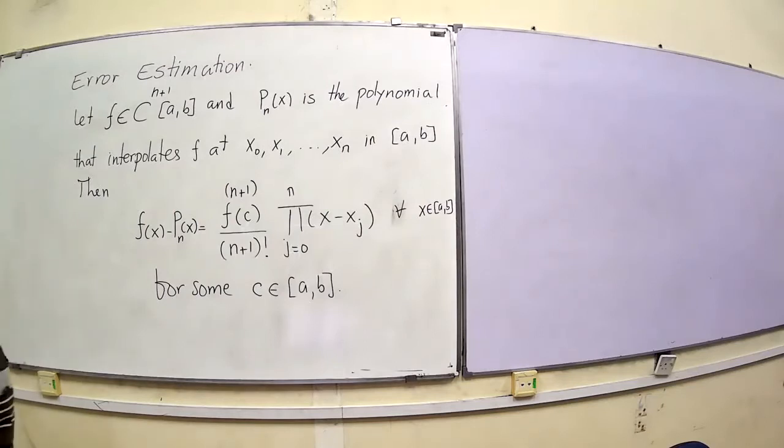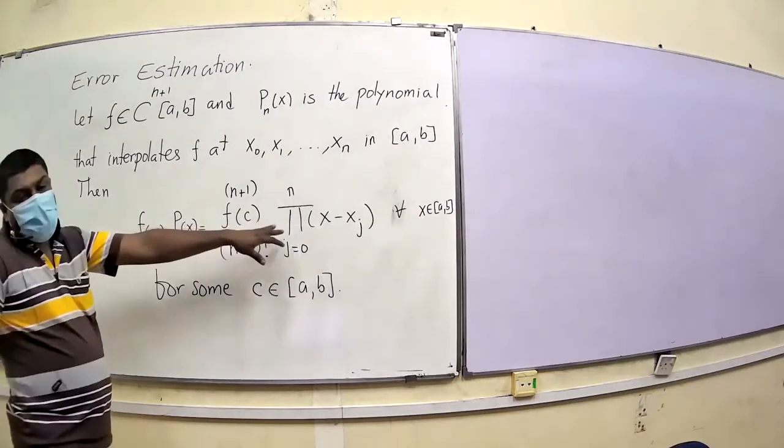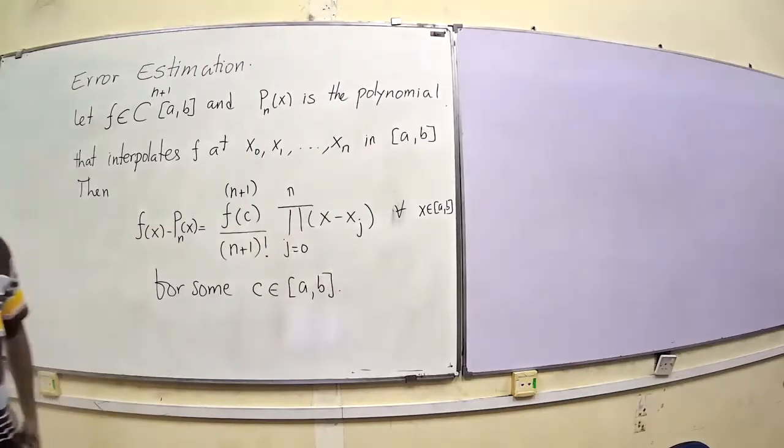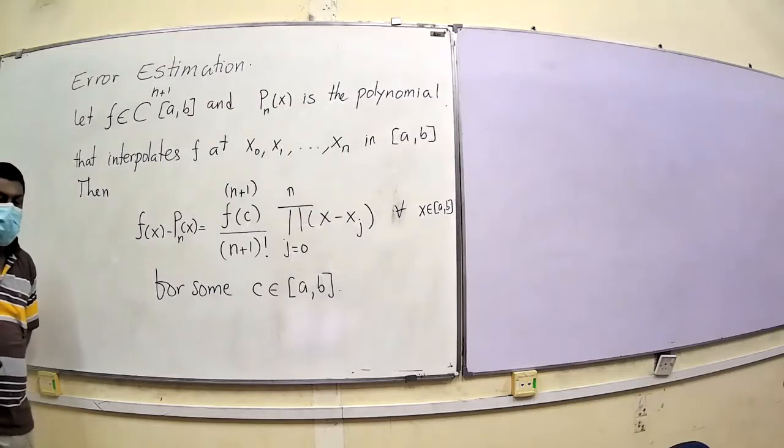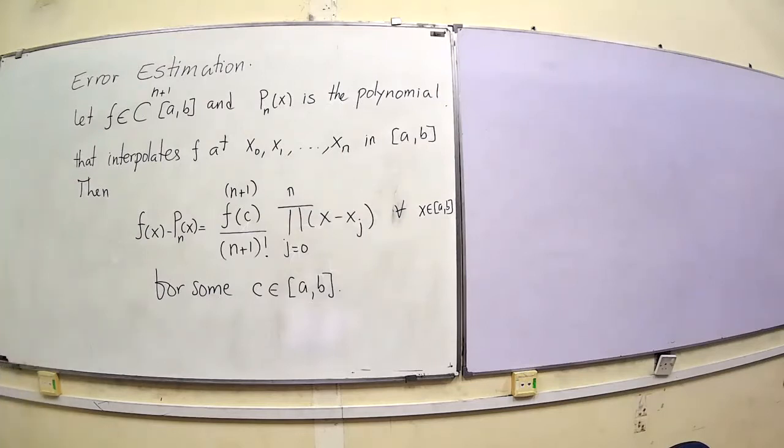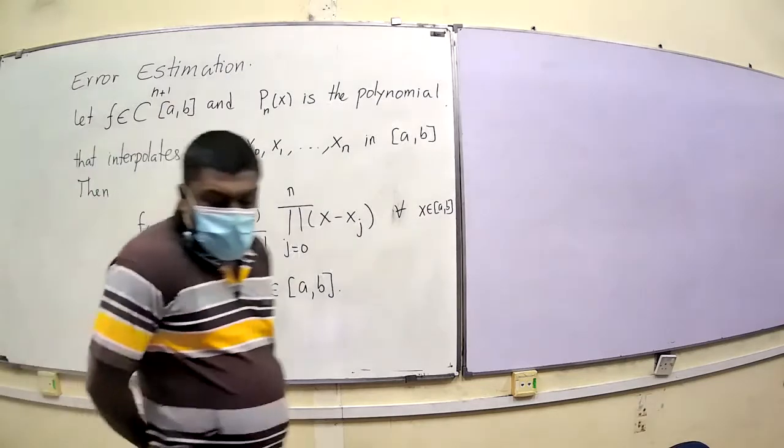For some c belonging to this interval, the error can be determined by this formula: f to the n plus 1 derivative at c divided by (n plus 1) factorial, times the product. That means there exists a c such that this formula is true. So we shall prove this, and by using this result, we will try to estimate the error.